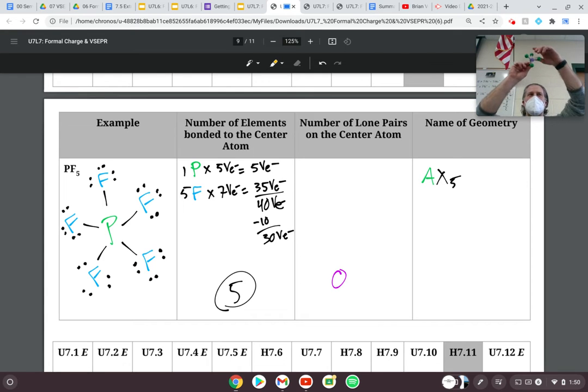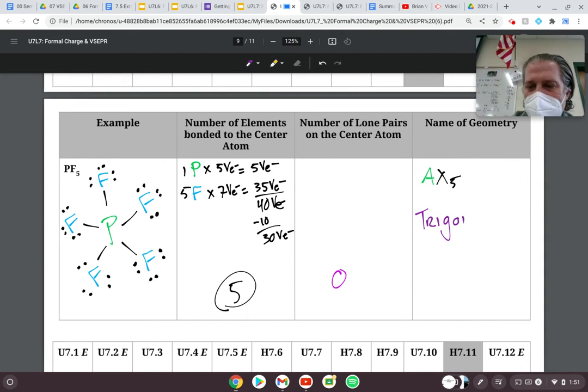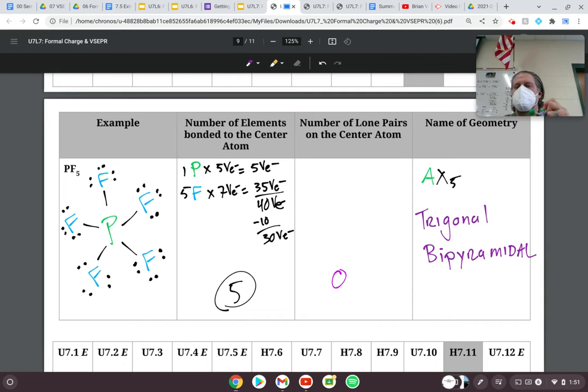So there are two essential pyramids, a top pyramid and a bottom pyramid, in this shape. So this shape is known as trigonal bipyramidal. It has a central atom with 5 atoms bonded to it.